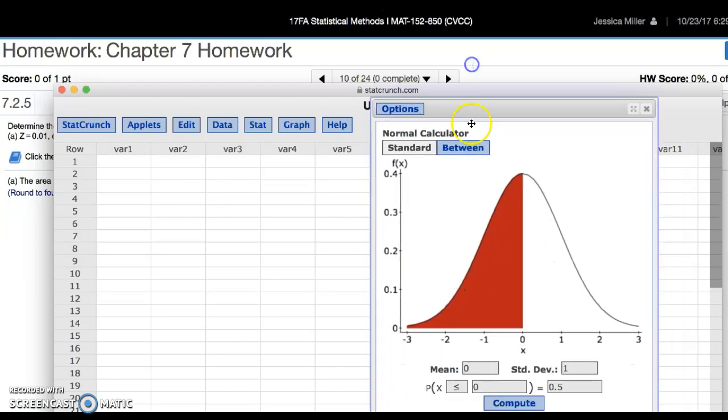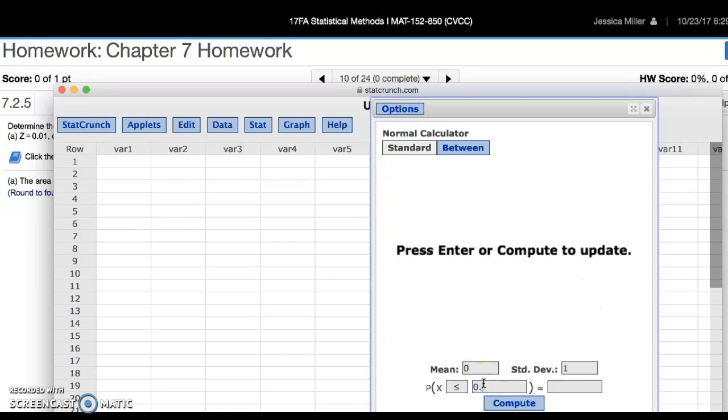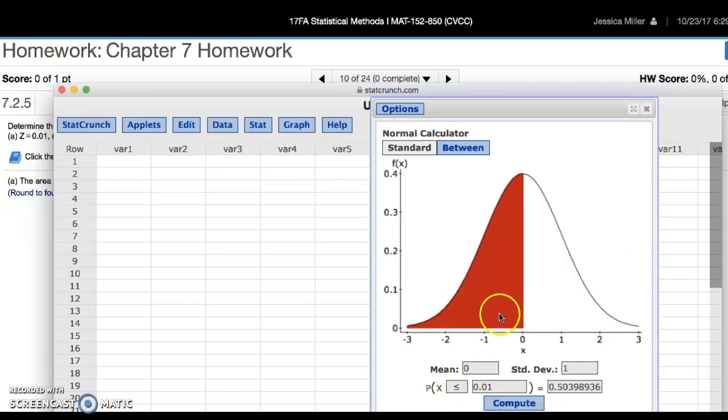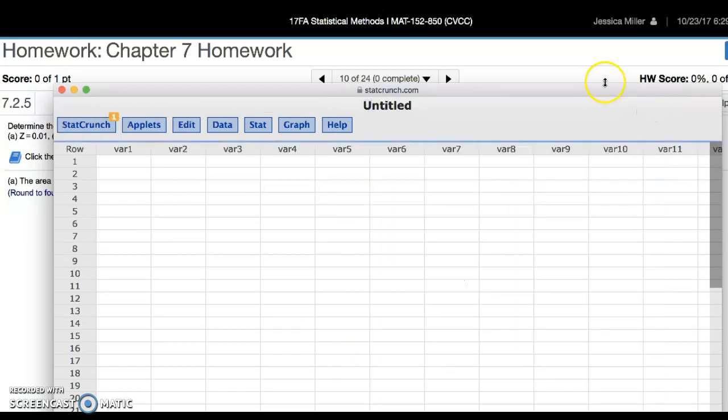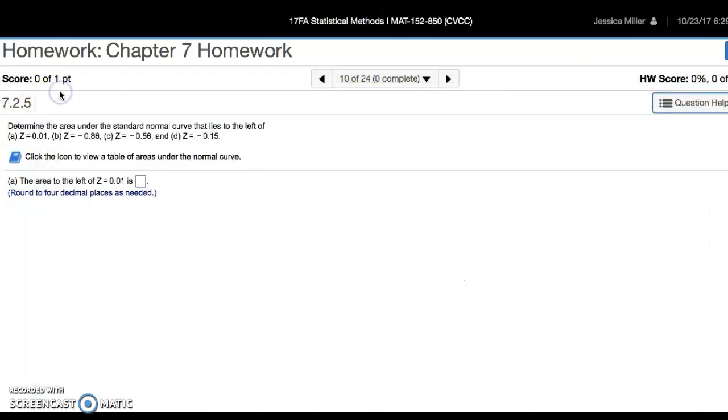And anytime you're dealing with a z-score, you leave the mean and standard deviation 0 and 1. So in this case, the probability to the left is the less than or equal to. Notice StatCrunch will confirm your shading. And we have a probability that's close to 1/2. Notice this is close to half of the normal curve. Now, if they had asked to the right, we could just change this and go to the right. Okay, so make sure you're reading your question carefully to know which direction to do your shading.